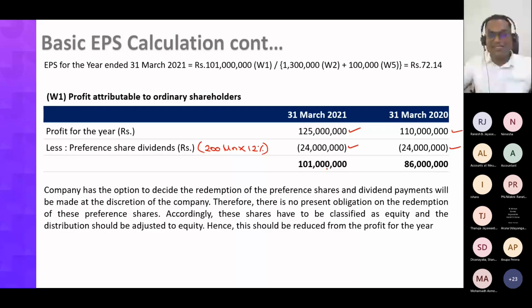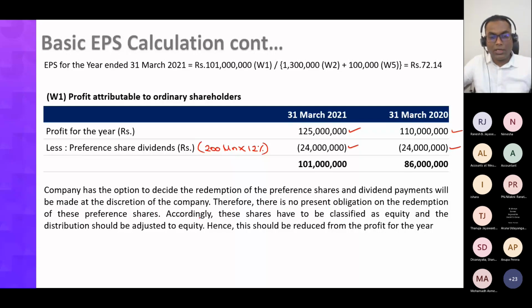Then you get the numerator. This is the profit attributable to ordinary shareholders: for the year ended 31st March 2021, 101 million; for the last year, 31st March 2020, 86 million. Here it explains the company has the option to decide the redemption of preference shares and dividend payment will be made at the discretion of the company. Therefore, there's no present obligation on the redemption of these preference shares.